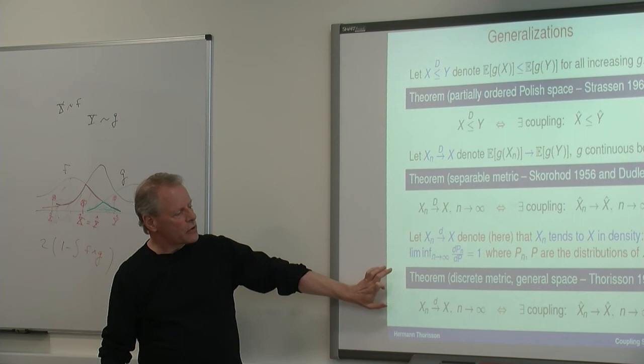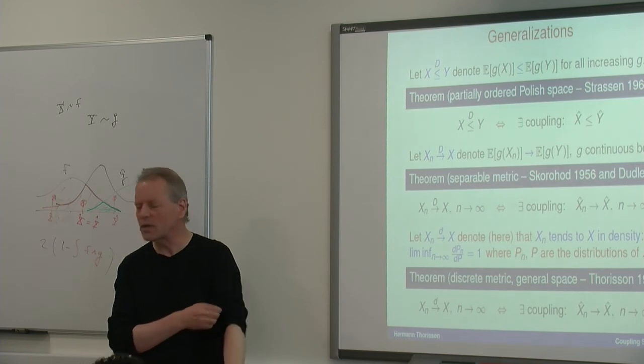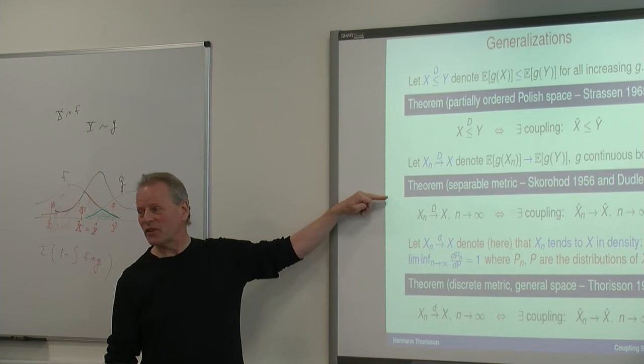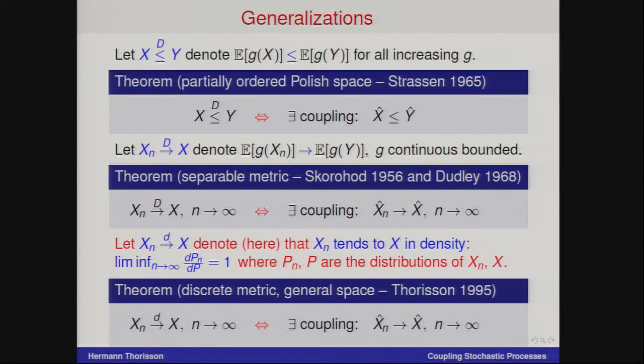So I will focus on this theorem. This theorem can be extended in a particular way to stochastic processes. And it turns out that this theorem then is a corollary. And this is not an easy theorem. Okay. What did I do now?